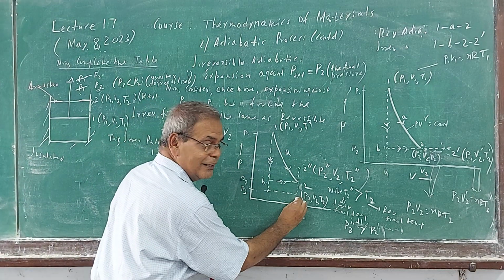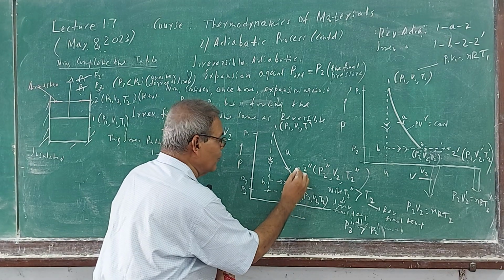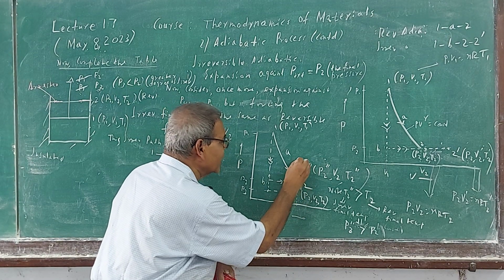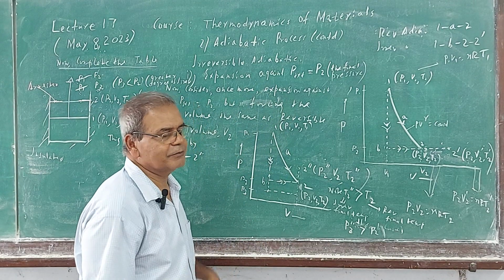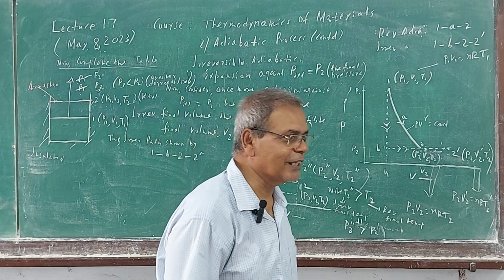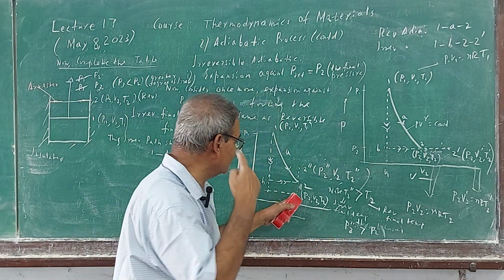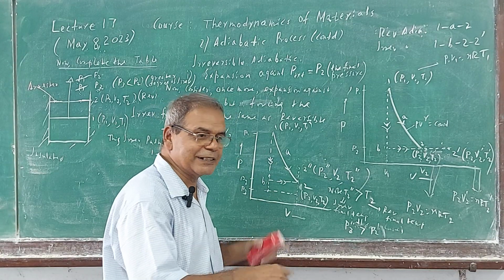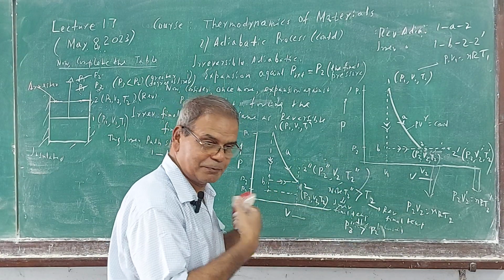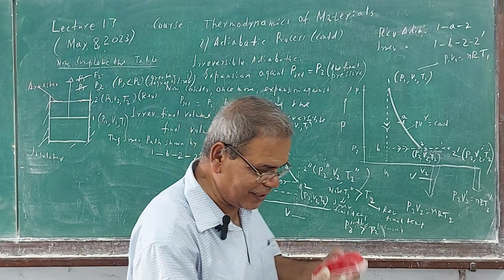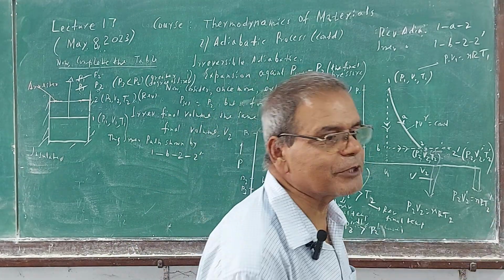Then what will happen? Go up. It will be here, still above. Because this time its work is even less, so final temperature is even more. Expand. Okay, expenditure or say consumption of internal energy.